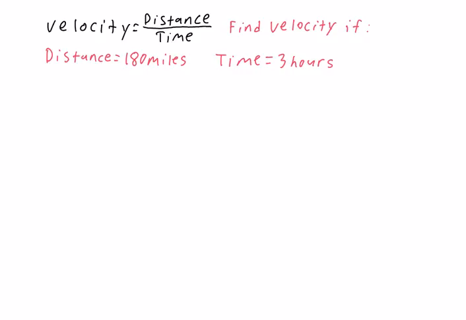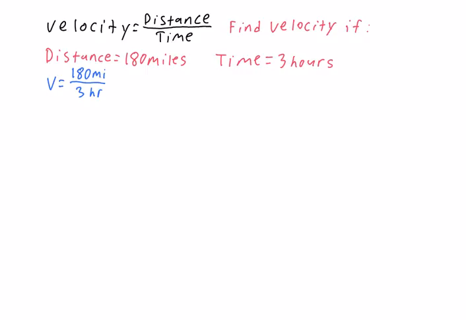So you get that velocity, we can just call it v, is distance divided by time. So distance is 180 miles over 3 hours.